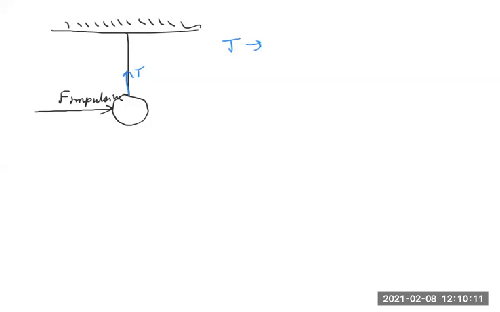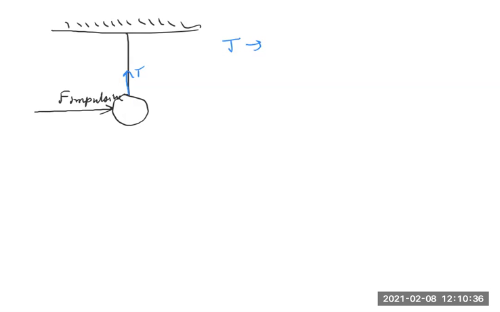Okay, I'll tell you why. Answer my question. I have told you that an impulsive force will always result in a sudden change of velocity of the object in the direction of the applied impulsive force.